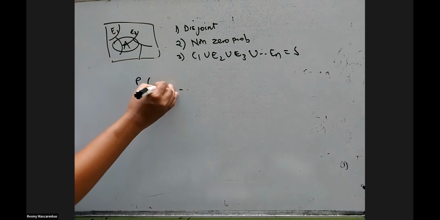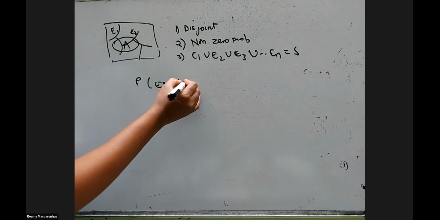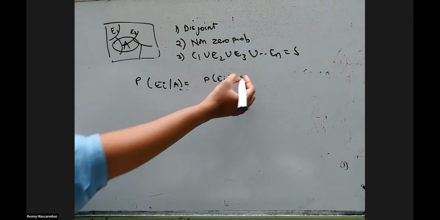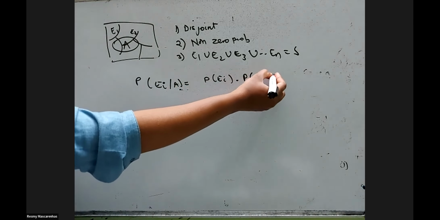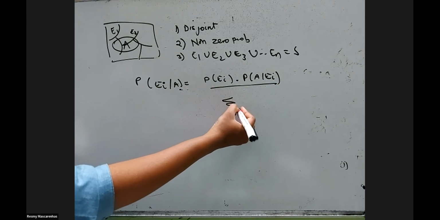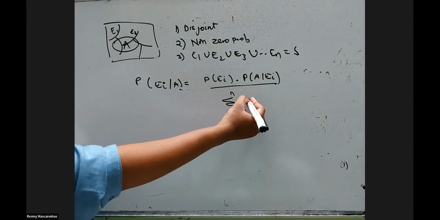P of Ei upon A equals, upon, if you notice, this is nothing but the total theorem of probability.